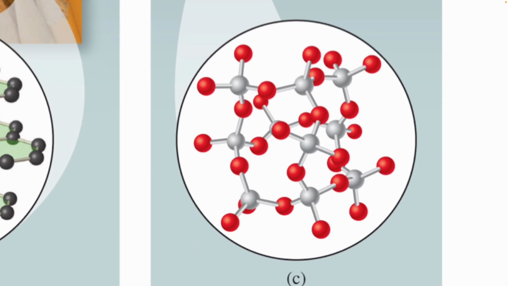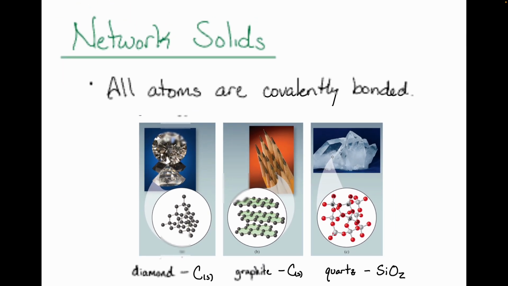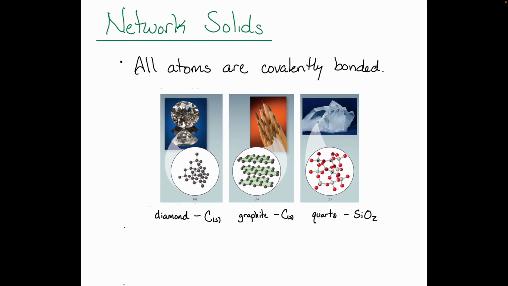If we zoom in, what we see is silicon atoms covalently bound to oxygen atoms, which are covalently bound to silicon atoms, covalently bound to oxygen atoms, and so on, repeating in space. So again, in our network solids, all of our atoms are covalently bonded together.